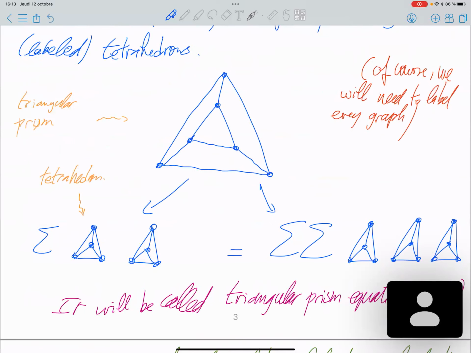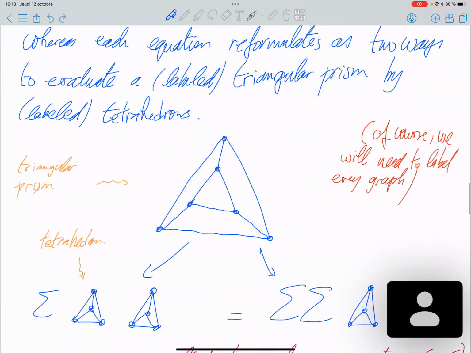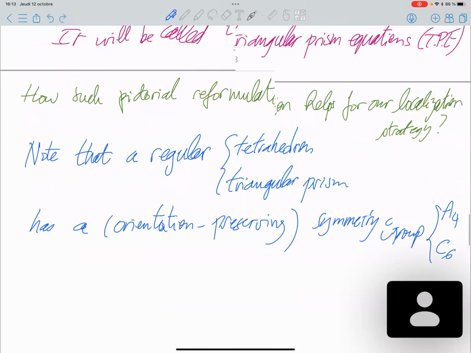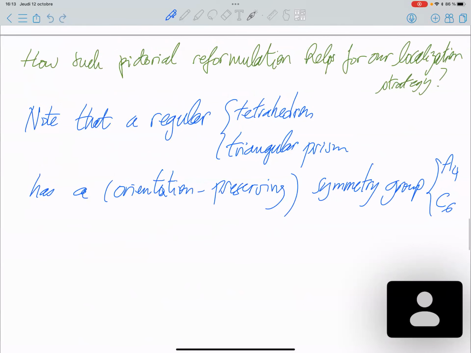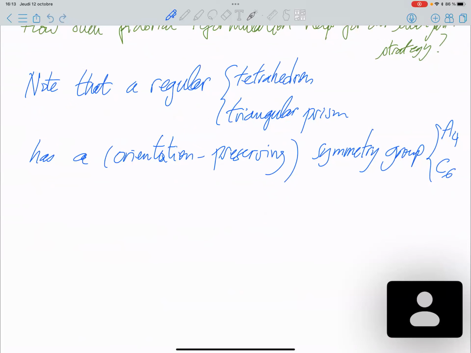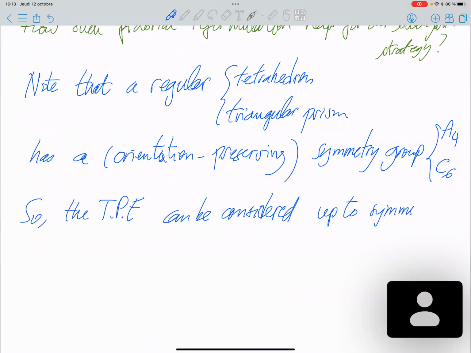You can see the symmetry. For example, you can rotate like that, or you have some mirror image, etc. Here, mirror image is not orientation preserving, but anyway, you can play with the symmetry and see this symmetry group. So in fact, the triangular prism equation can be considered up to these symmetries.